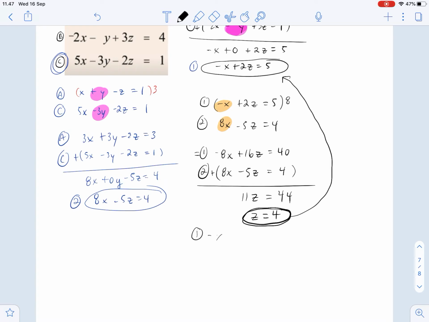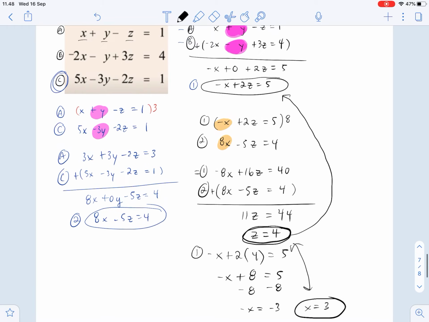Using equation 1, I can say negative x plus 2 times 4 gives me 5. So negative x plus 8 equals 5. Subtract 8, I get negative x equals negative 3. So x equals 3. So now I have z and x.